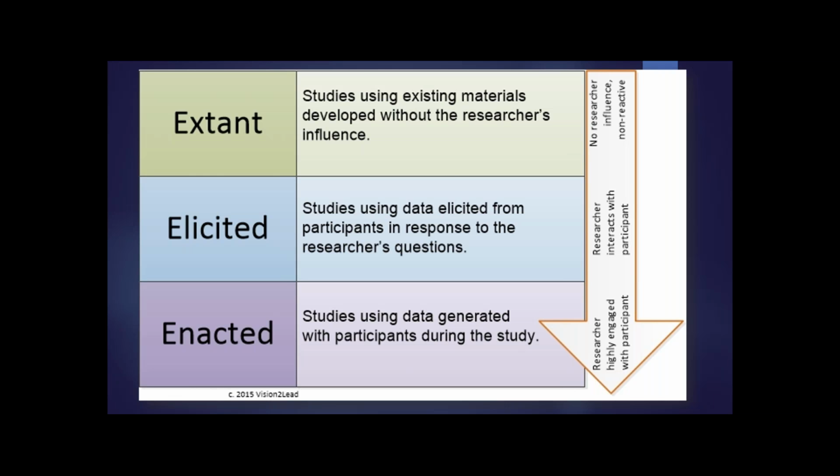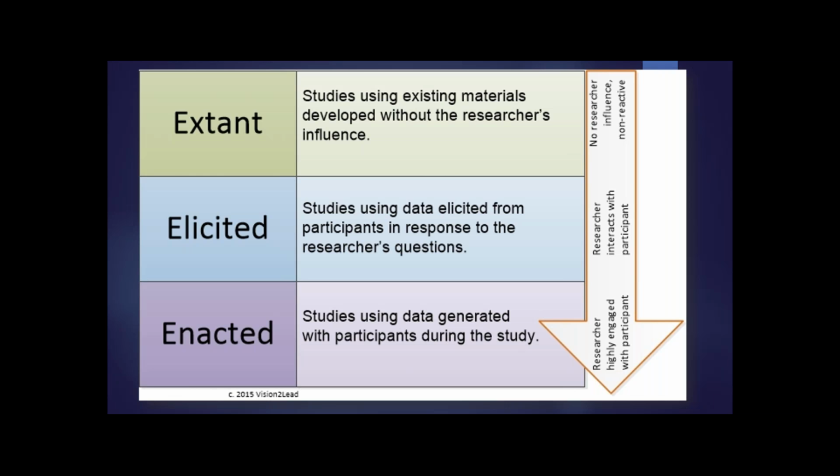When we move between the extant and the elicited, that line is a firm line because if we're using any kind of elicited approach, we have actual participants who are consenting participants. There are questions in extant data where you might need consent or permission to use, but once we get into the elicited and enacted, we are definitely going to have consenting participants.